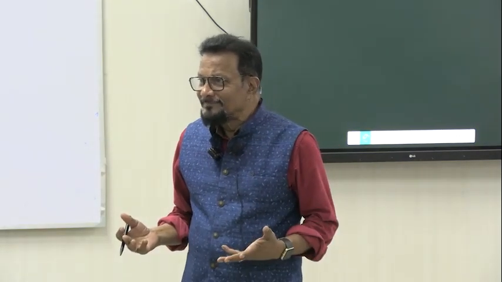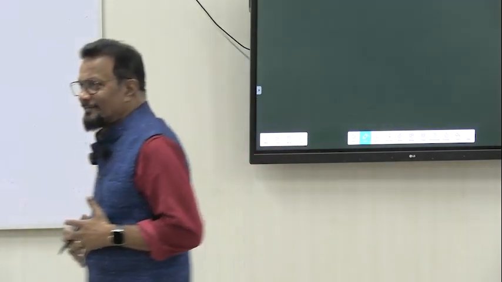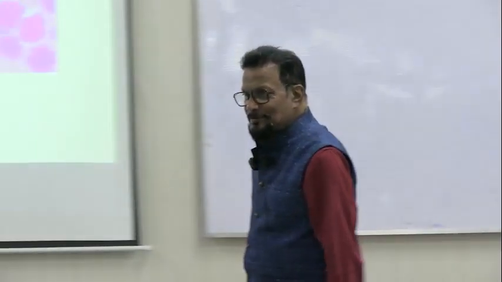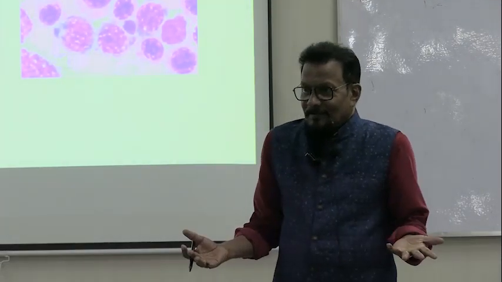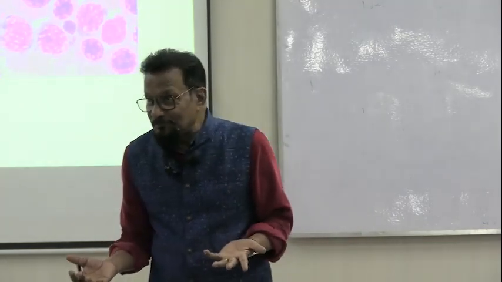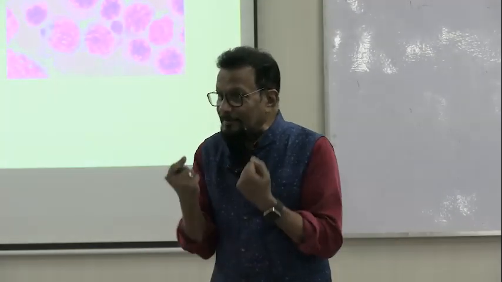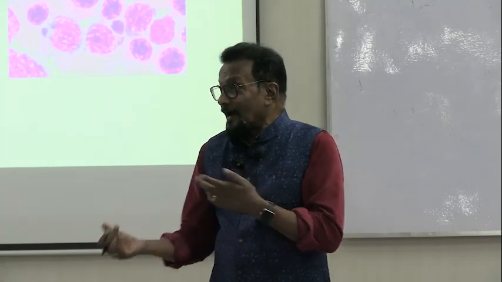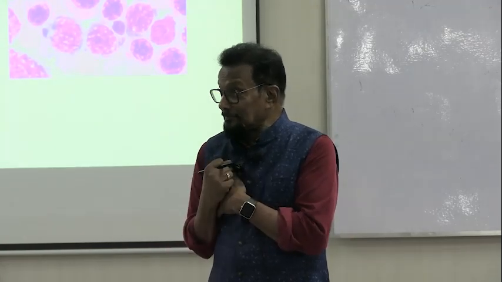Anemia means what? You will be anoxic, meaning lack of oxygen in your tissues. Lack of oxygen means lack of oxidation of food. Lack of oxidation of food means lack of generation of ATP. So if there is no ATP formation, how will you contract your muscle?